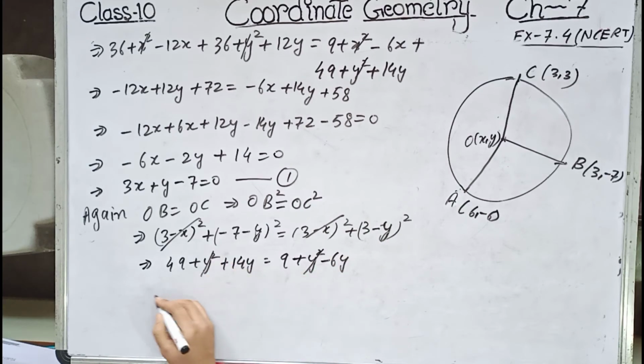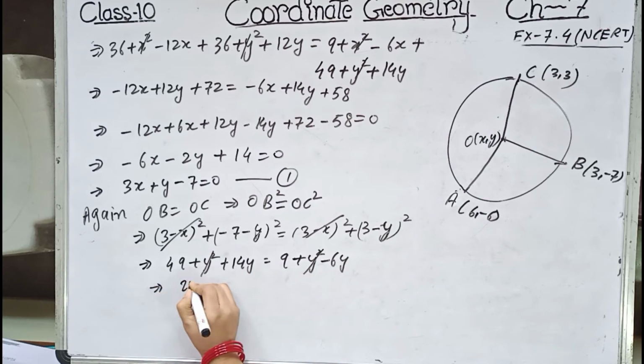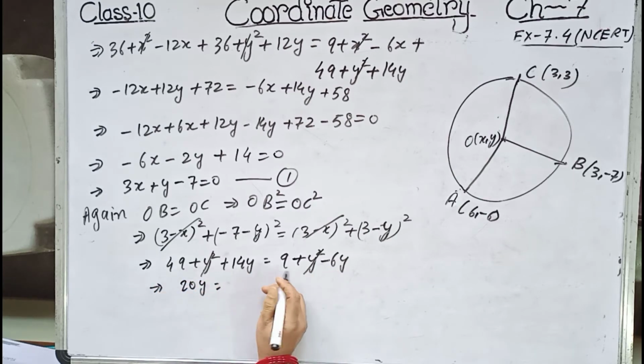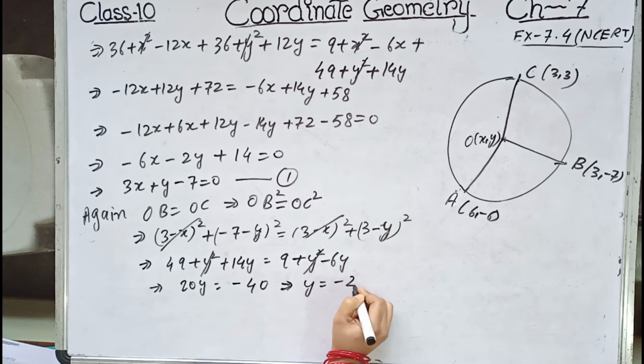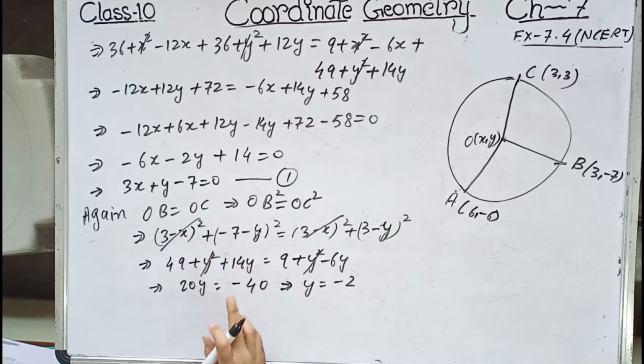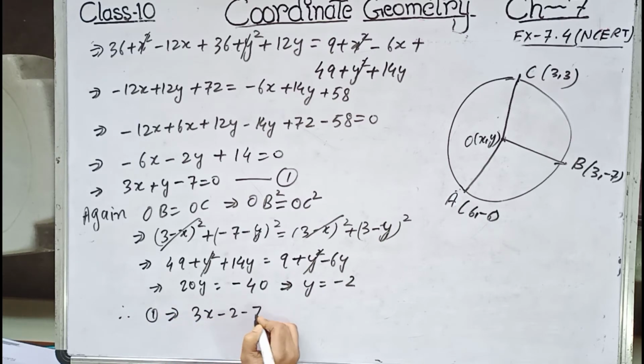Now this y square will be cancelled. So this implies 14 plus 6 is 20y equals 9 minus 49 is minus 40. This implies y equals minus 2. So we got the value of y directly by solving OB equals OC. Therefore 1 implies 3x minus 2 minus 7 equals 0. This implies 3x equals 9 implies x equals 3.